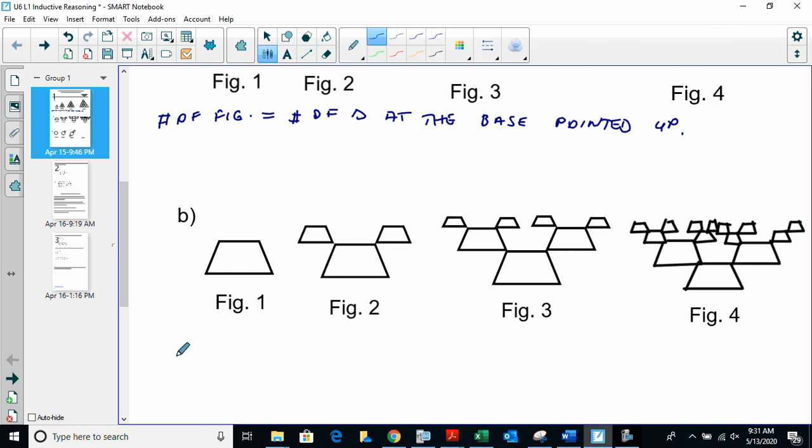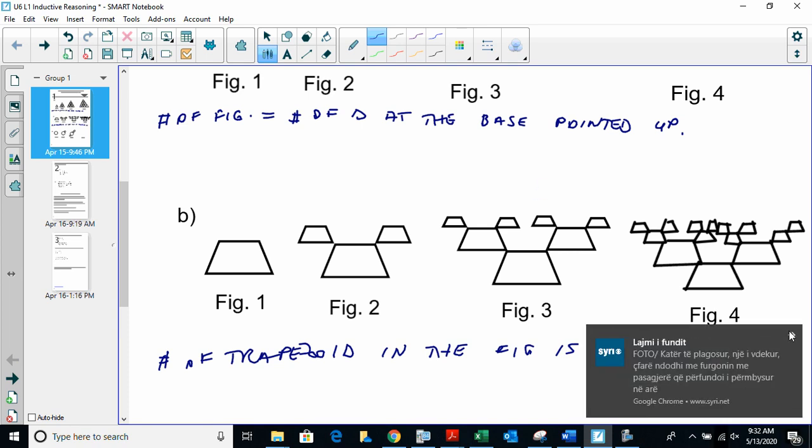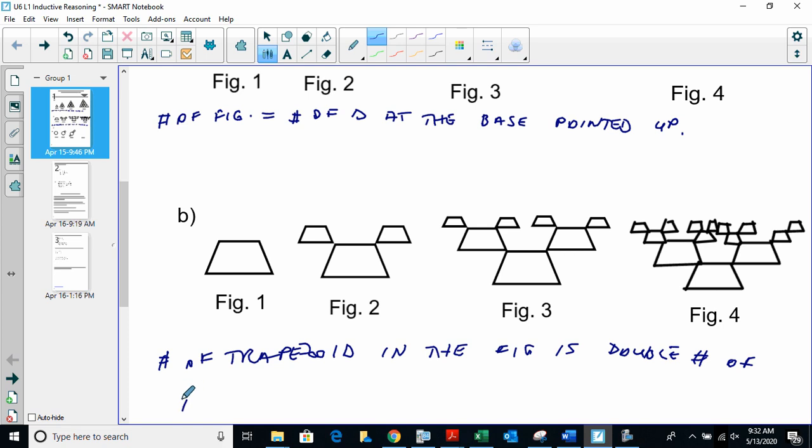So you can say here that the number of trapezoids in the row in the figure is double the number of trapezoids in the previous figure.